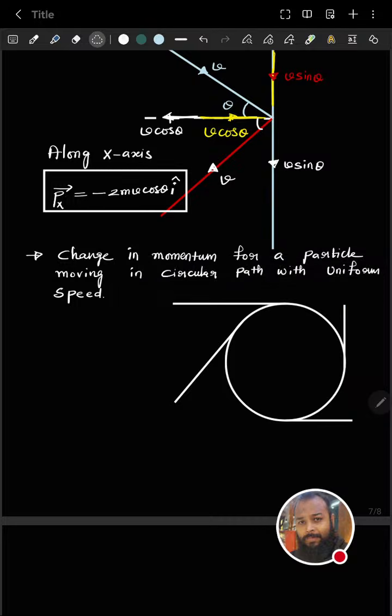At every point on the circular motion, the particle is moving with speed v. Here also it is v, here also it is v. Okay, here also the speed is v. So I want to find out the change in momentum.